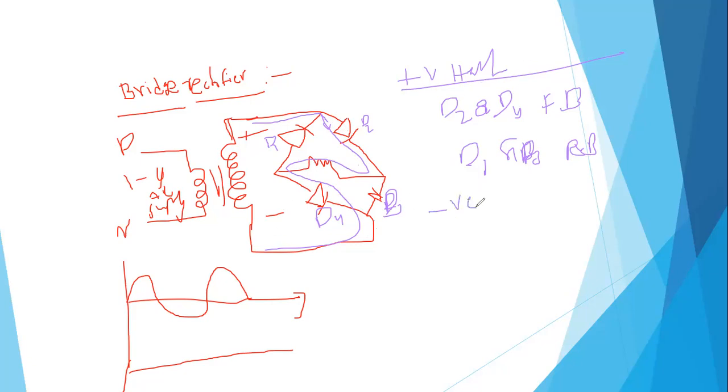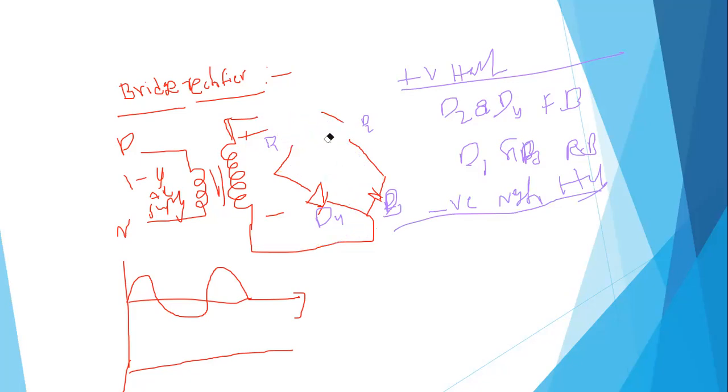So during the negative half cycle, the directions I am mentioning here: this is negative and this is positive.